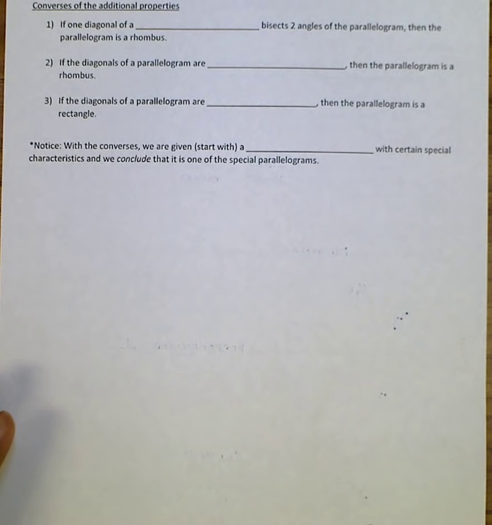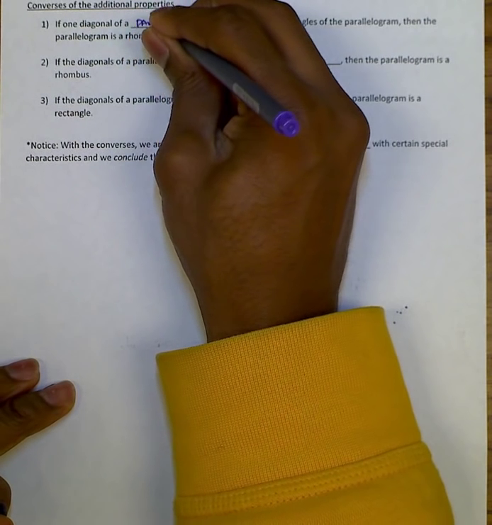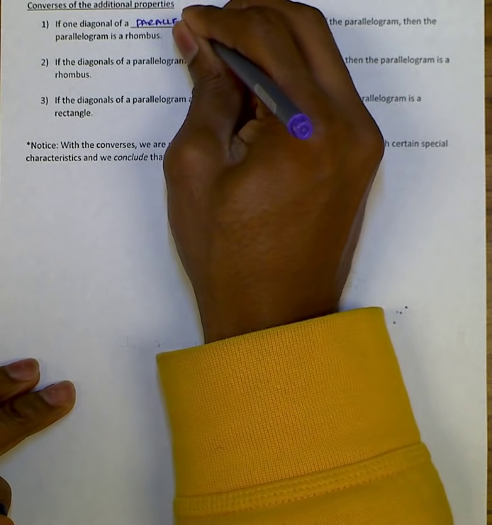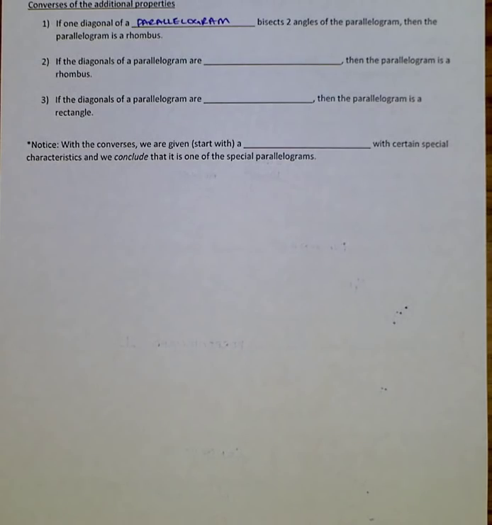So here are some converses. And remember, with converses, we're just flipping the hypothesis and the conclusion. If one diagonal of a parallelogram bisects two angles of the parallelogram, then the parallelogram is a rhombus. So this is us not knowing exactly what the parallelogram is at first.